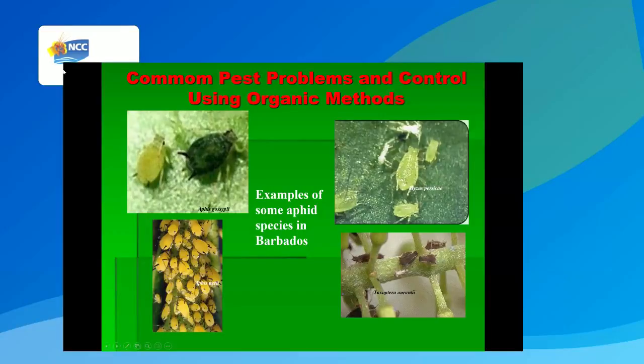And when they are in this situation, the compounds in their sap tend to be much elevated in terms of the nitrogen type compounds. And this is beautiful food for the sucking pest.